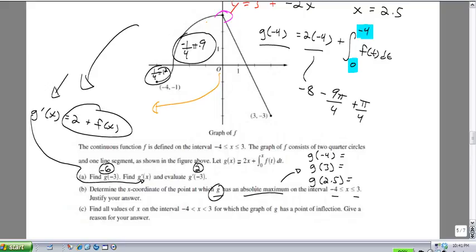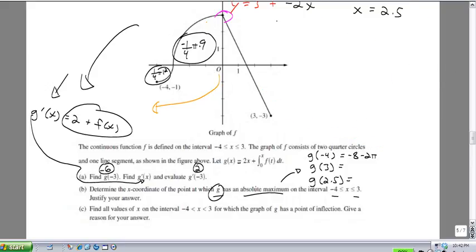So negative 9 pi over 4 and positive pi over 4 is negative 8 pi over 4. So negative 8 minus 8 pi over 4. Negative 8 take away 2 pi. So that's obviously a pretty big negative. So now we need to compute g of 3.